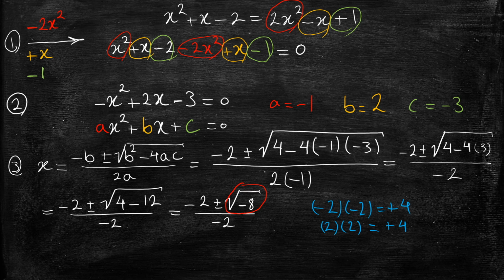So never ever, when you multiply a number by itself, in other words, when you raise a number to the power of 2, or when you square a number, never is the result going to be negative. So that's why in this case, when under the square root you have a negative number, there's no real solution. Okay? Let me know if you have any questions.